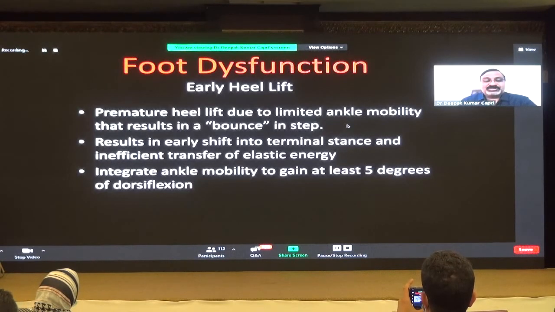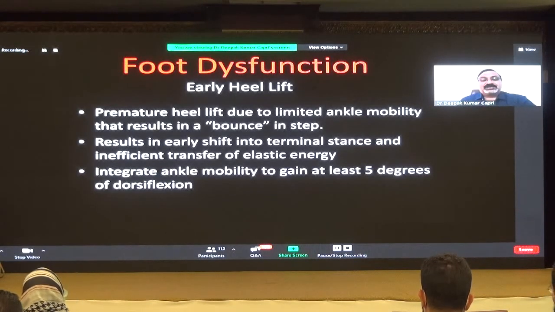At least how many degrees did I say? Minimum 5 degrees of dorsiflexion is important. Otherwise, the patient will have a bouncing gait, like an ostrich. The patient will jump while walking, and that will give unnecessary compression to the disc, as well as the sacroiliac joint, as well as the spine.